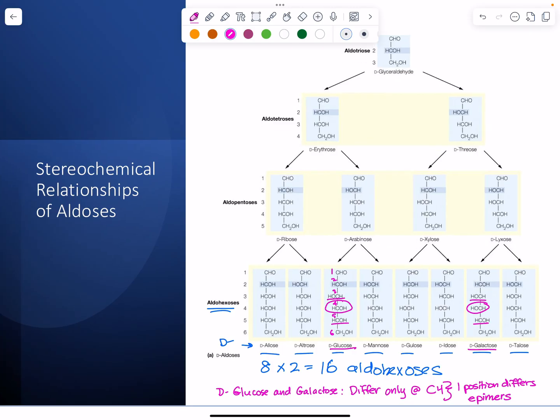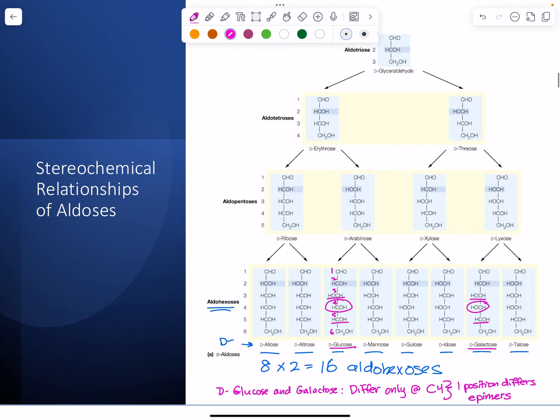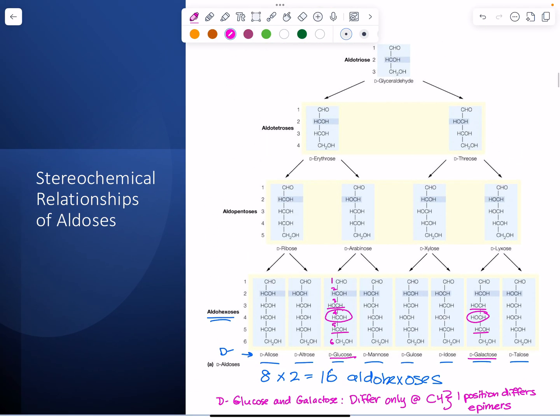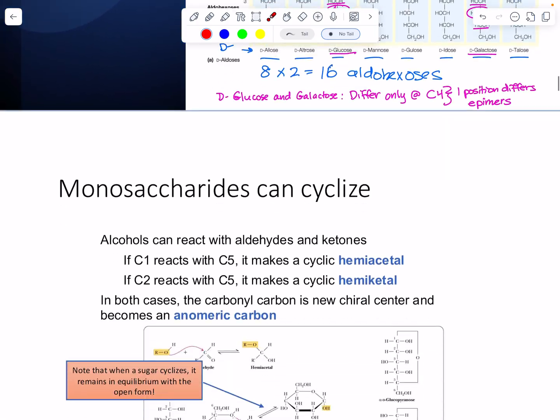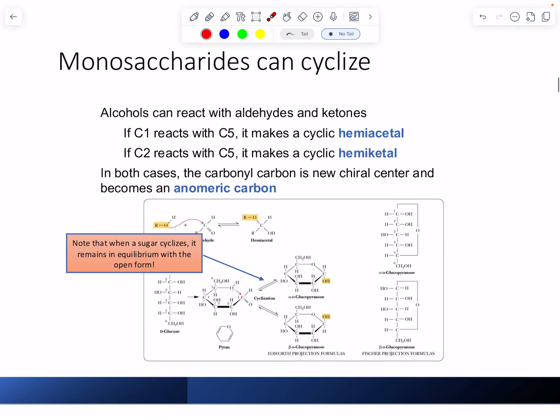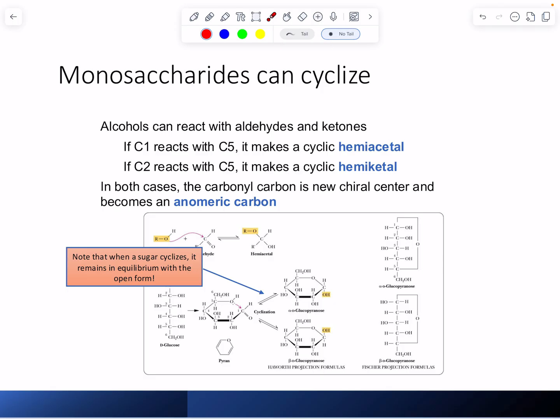All right. So now you may be recalling from organic chemistry that some of these functional groups have a possibility of chemically reacting. Okay. So we have aldehydes and ketones, and it turns out that aldehydes and ketones can react with alcohols, right?